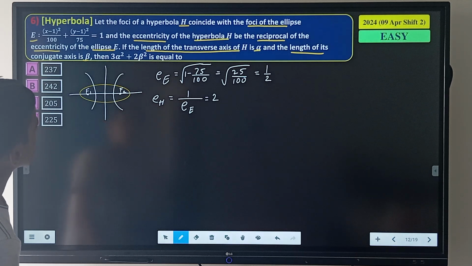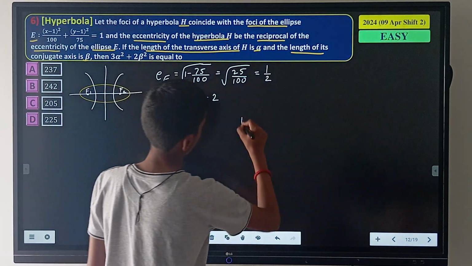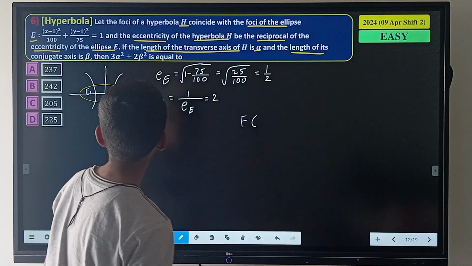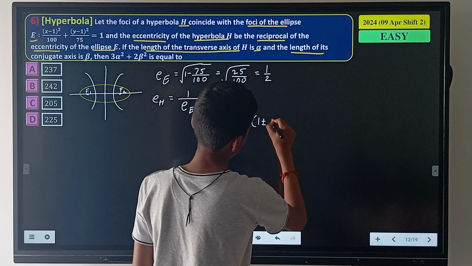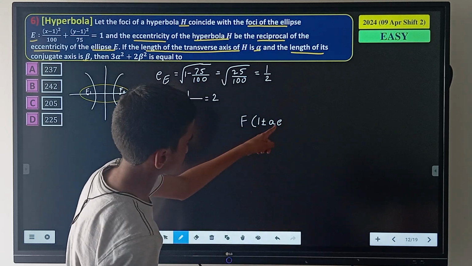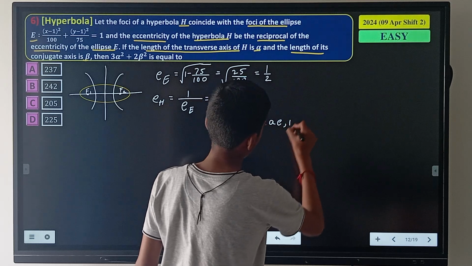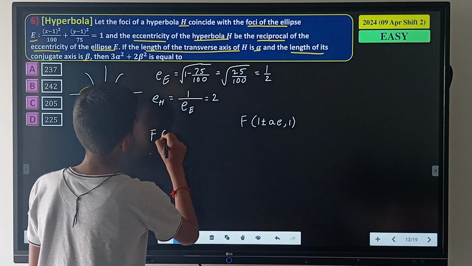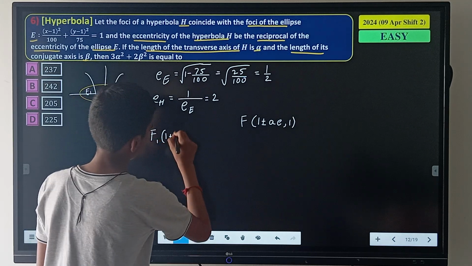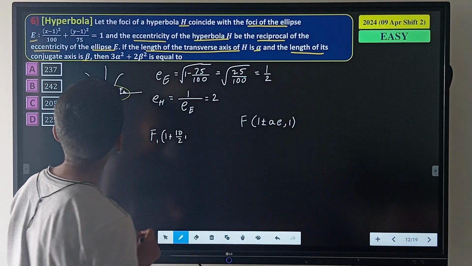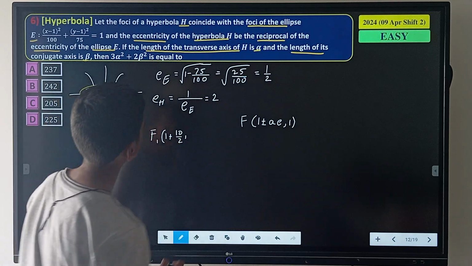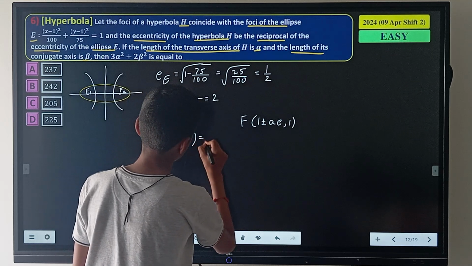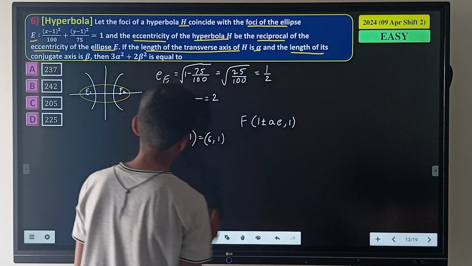Yes. Now I need to find F1 and F2. So to find the foci, I will use formula foci as 1 plus minus AE, comma 1, where E is the eccentricity of ellipse. So from here our F1 is 1 plus 10 upon 2 comma 1, and this is equal to 6 comma 1.